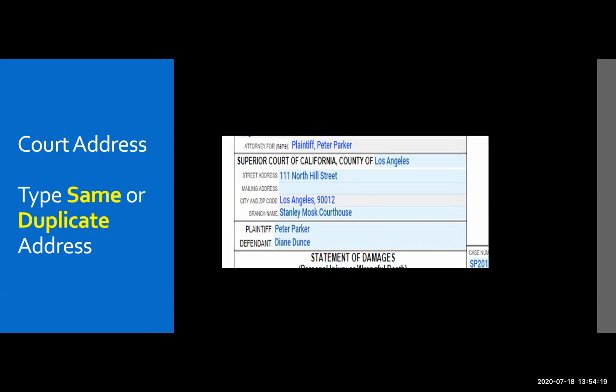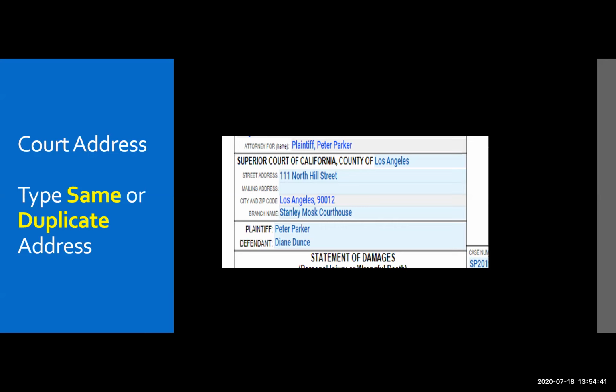This is because some courts get their mail at a different location. It's kind of like if you would have a P.O. box or somewhere else where you get the mail. We don't have that in LA and Orange, but remember these forms are for the entire state of California.